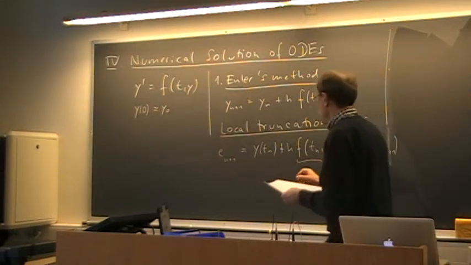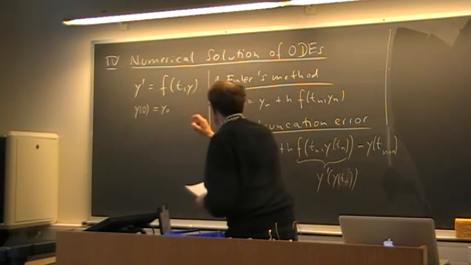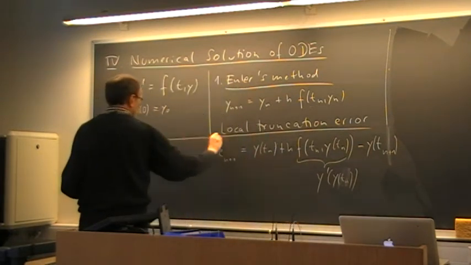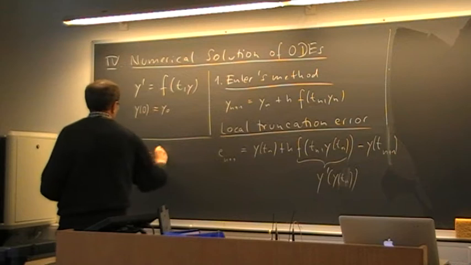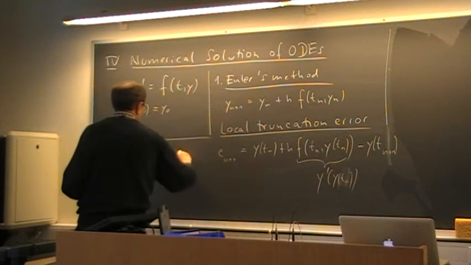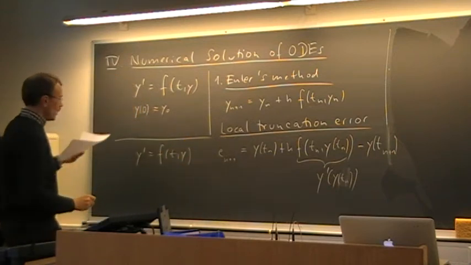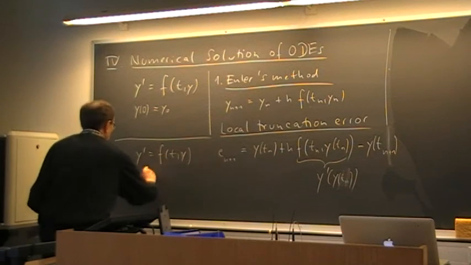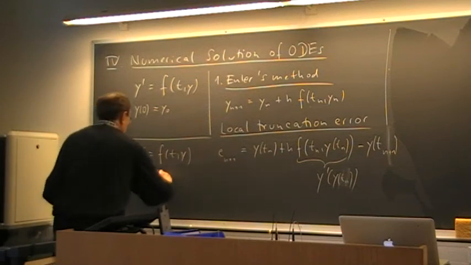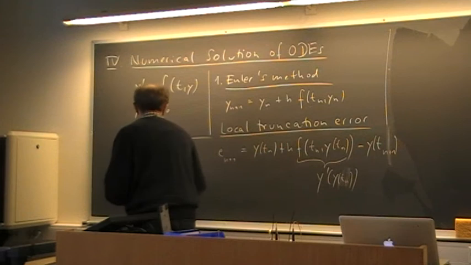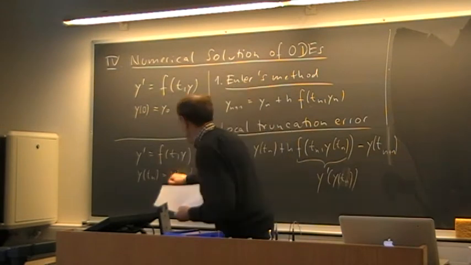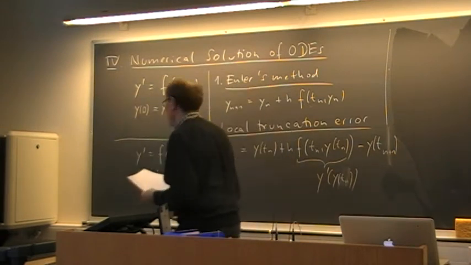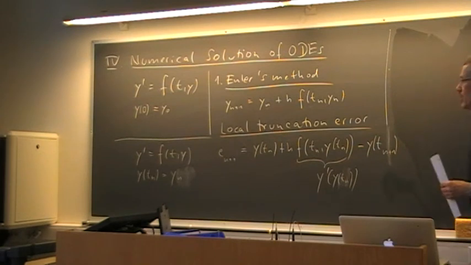So for the local truncation error, we solve the ODE with the initial condition y of t_n is y_n, the exact solution. That is, we start from the old time level.